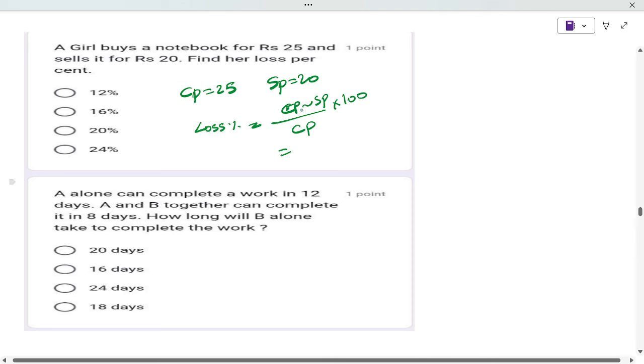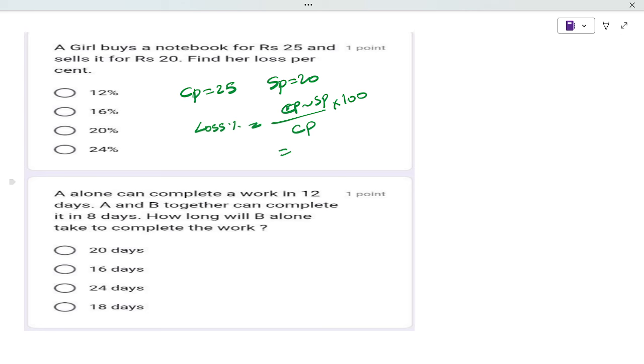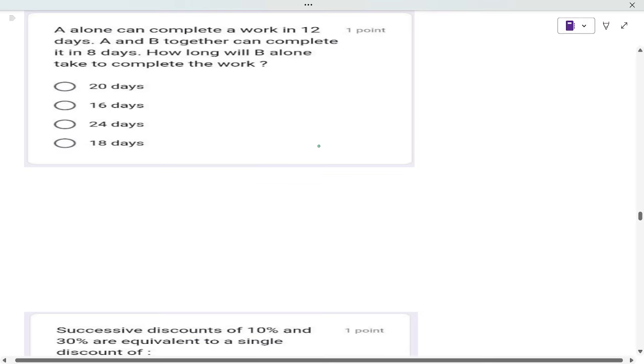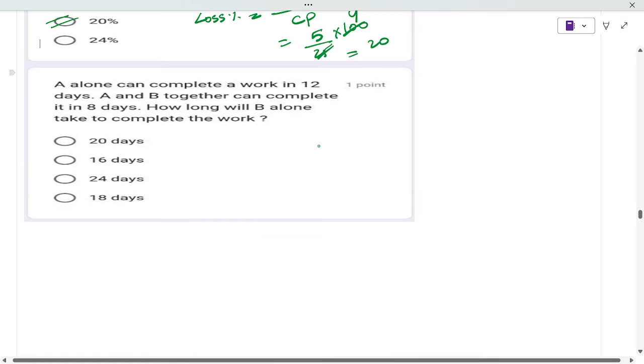So 25 minus 20 will give us 5. So 5 by 25 into 100. 25 times 4 is 100, so 5 fours are 20. So it is a 20% loss.